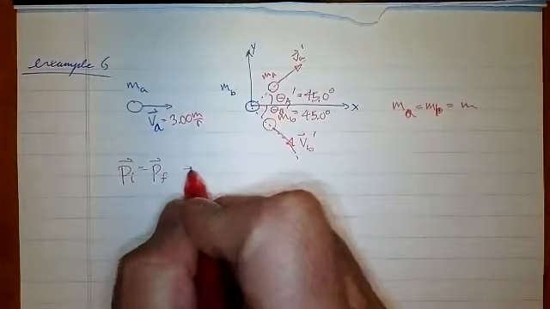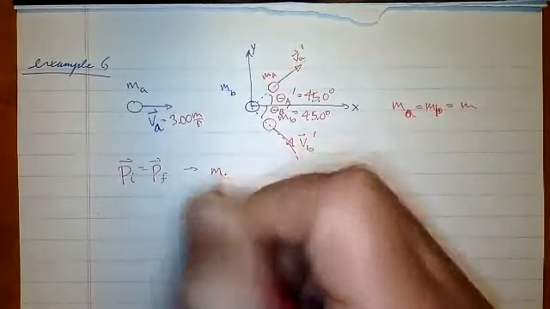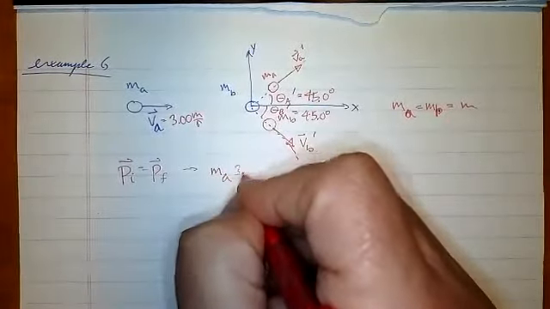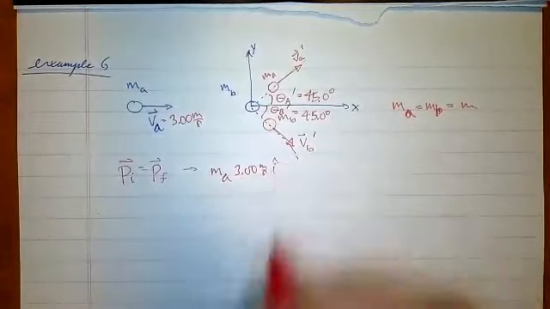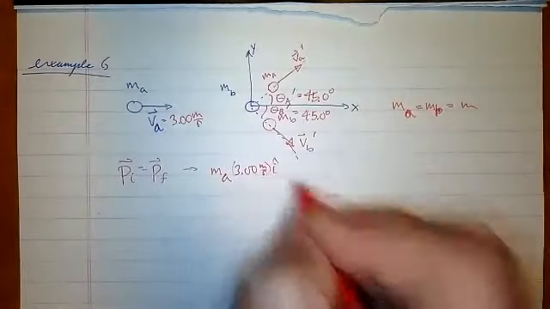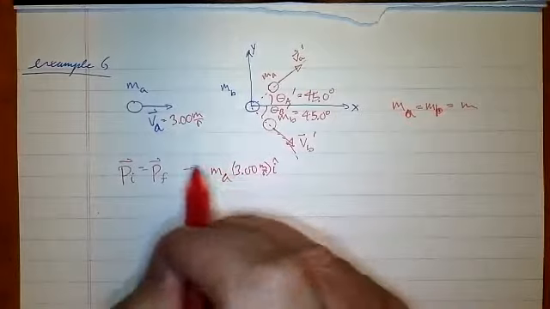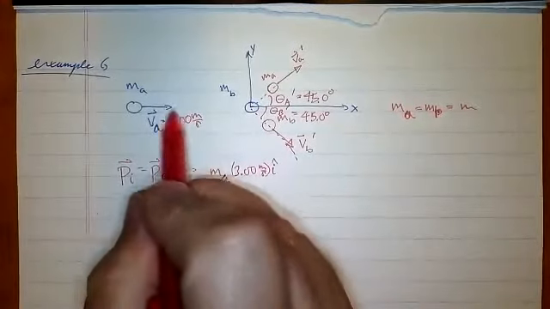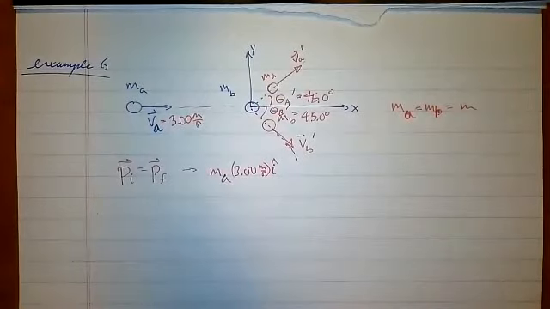So the initial momentum is just m times 3.00 meters per second in the i-hat direction. The m is not really going to matter because it'll divide out in a second. Since this was all going in the positive x direction, it's initially one-dimensional, so that makes life really easy.